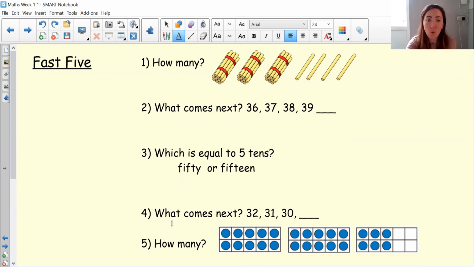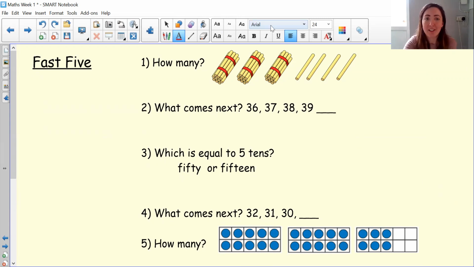Then number 4, what comes next? So again, look at the sequence of numbers and decide which comes next. And then number 5, how many? Looking at the 10 frames. How many counters are there?